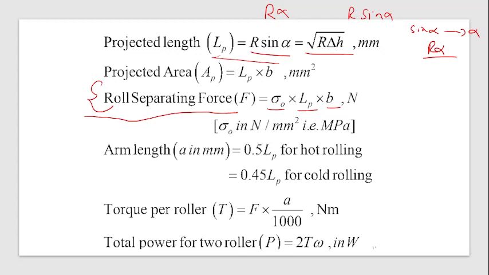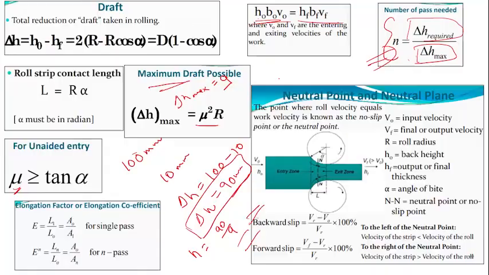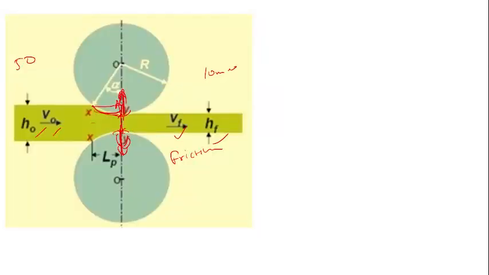So what is your roll separating force? This formula you learn. Firstly, whatever stress will be induced, that is sigma naught, which will be given, multiplied by the area. B is the width that will be given, and L is what? Why are we taking this? You have to take this much area only.